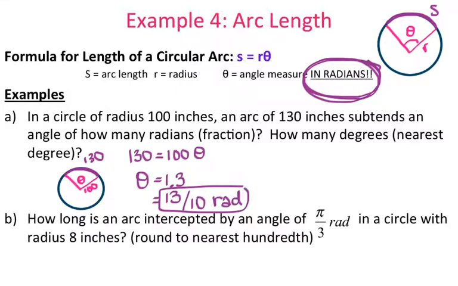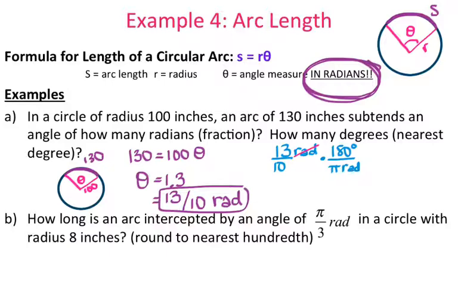So here is your angle measurement in radians. It also asks how many degrees to the nearest degree. So now I'm going to convert this radian measure into degree measure, which I'm going to do in blue. So I have 13 tenths radians, and I'm going to multiply that by 180 degrees over pi radians, so I can figure out the actual degree measure.